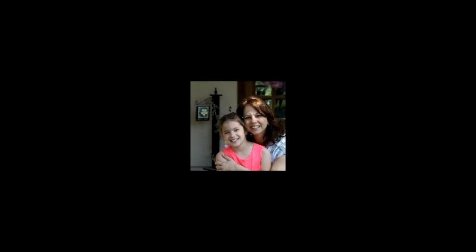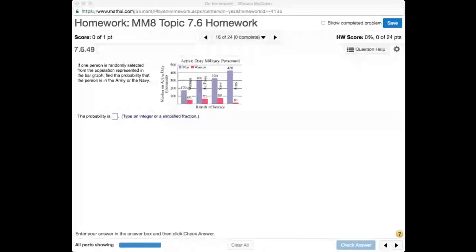Let me see, I'm sorry, I had to close that other one to make this one work. Okay, so this is the other one. So this is question 16, and it's the same type of question. It says if one person is randomly selected from the population represented in the bar graph, find the probability that the person is in the Army or the Navy.